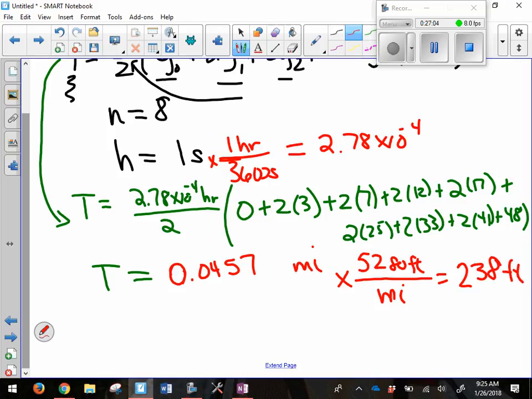I get 241. But did you go all the way out to this decimal space? Oh, okay. Well, my answer was 241. They both rounded to 240. I'm not really worried about it. Yeah, that's the final answer. Nope, no more steps.